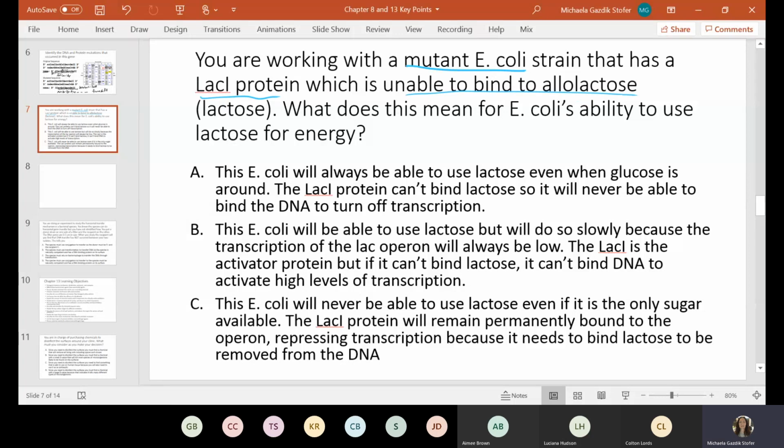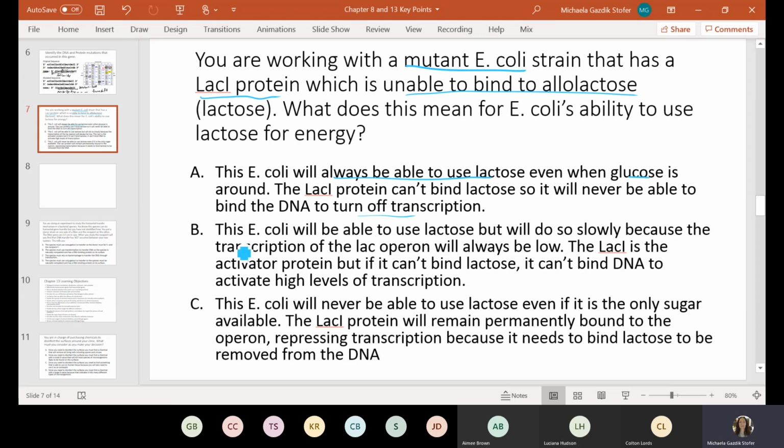So the question wants to know, what is that going to mean for E. coli's ability to actually use lactose for energy? A says that E. coli is always going to be able to use lactose, even when glucose is there, because if the LAC-I protein can't bind lactose, it will never be able to bind the DNA to turn off transcription.